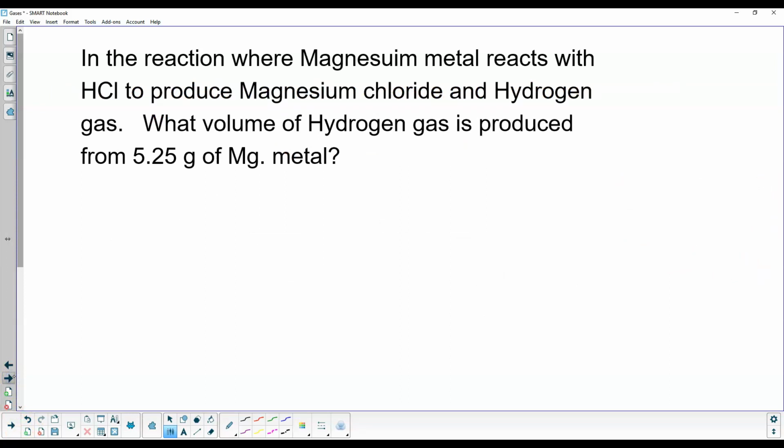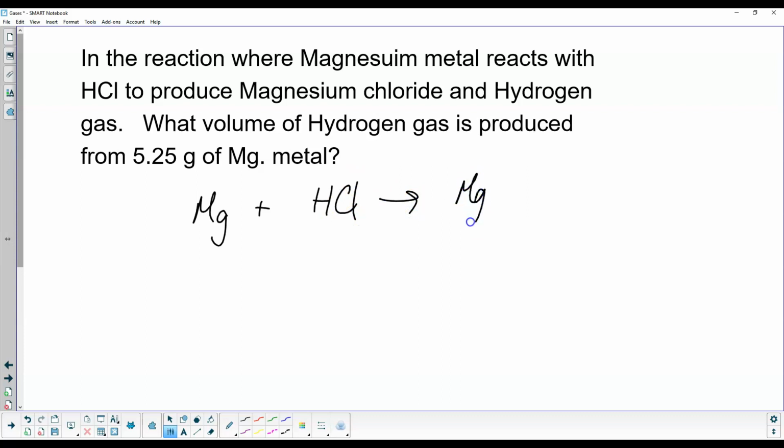You're going to have to be able to do one of these on the test, where I give it to you in word form, so you have to know how to write a formula equation. Hopefully you've remembered how to do this skill. So magnesium metal, that's just magnesium, reacts with hydrochloric acid, HCl, and it produces magnesium chloride.